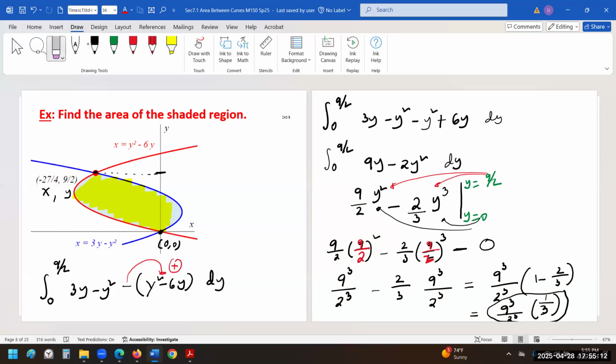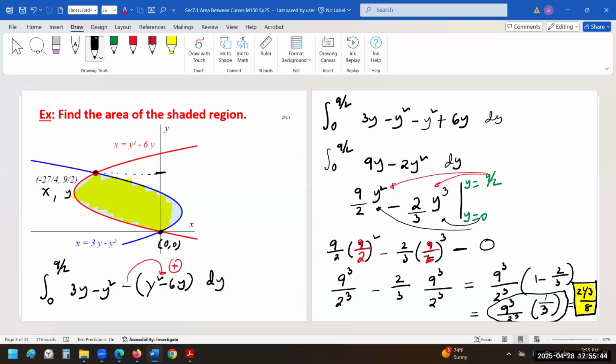The answer at the end is 243 over 8. This is the final answer. Okay. I skipped the algebra. You can do the algebra by yourself, but the final answer is 243 over 8.